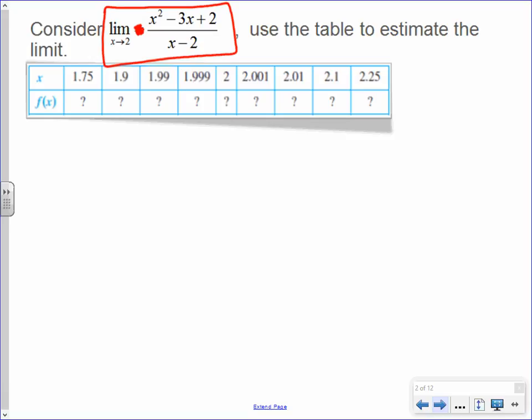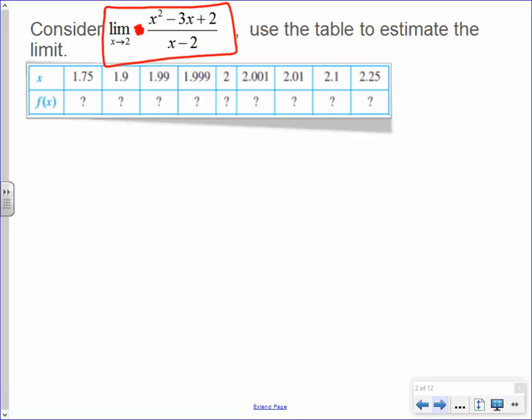So I want everyone to get out their calculators. You guys are going to help me here. We're going to figure out what's happening numerically as we get close to 2. So pod 1, I want you to find me the coordinates when x is 1.75 of this function. Pod 2, I want you to plug in 1.9.